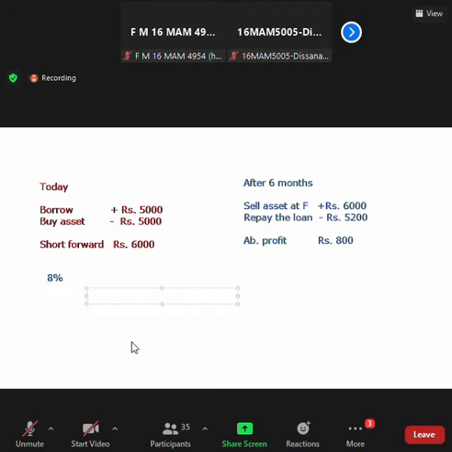Please tell me if you know that and you don't want to tell it. Okay. How to find the holding period yield of a share? Holding period return, holding period yield, rate of return.